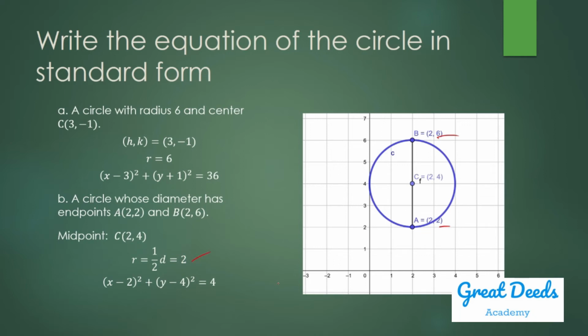The value of r is 2. The standard equation of the circle is the square of x minus 2 plus the square of y minus 4 is equal to r squared. 2 squared is equal to 4.